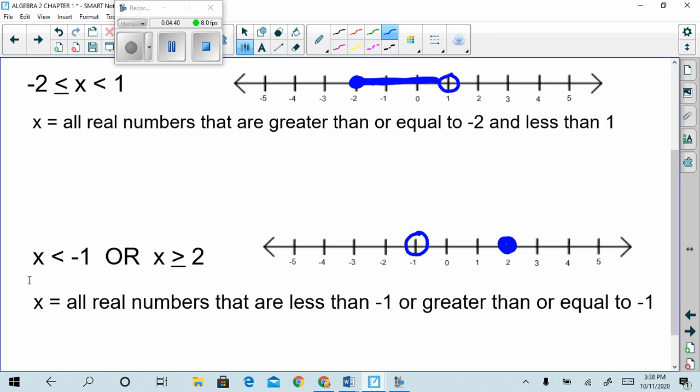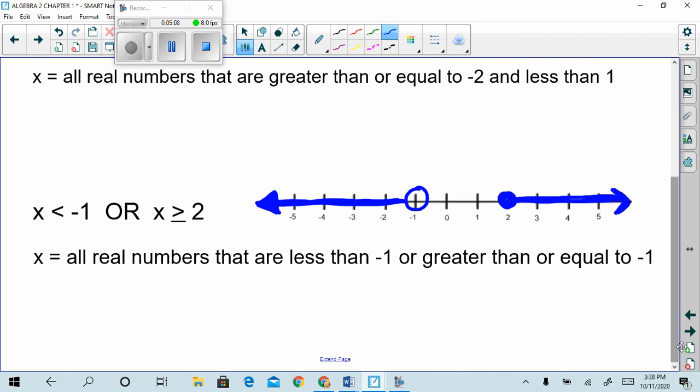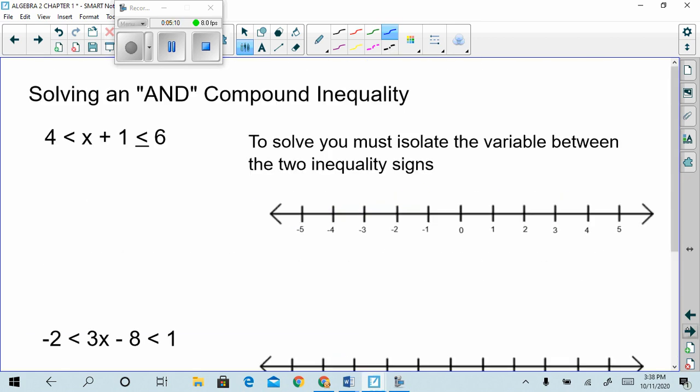X is less than -1, shading everything less than, or x is greater than or equal to +2. I always use the analogy that this is like the oars on a boat that go in opposite directions. And there you have a quick introduction to compound inequalities. So let's see about solving them.